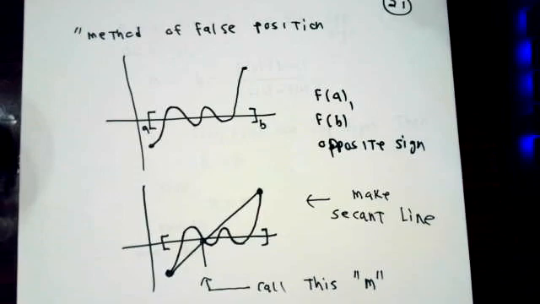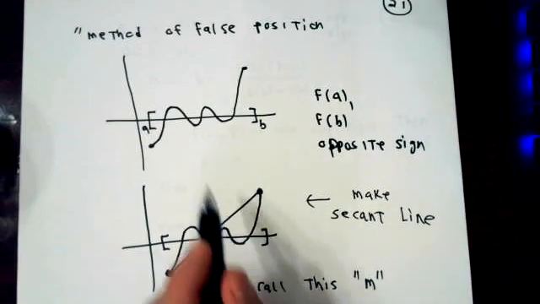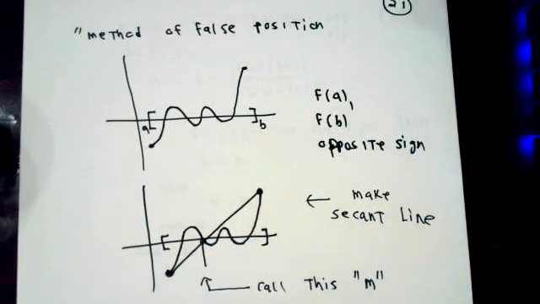If by luck these secant lines kept landing right in the middle of the interval, this would be bisection. It's bisection with an enhancement. We're using secant lines to determine the M instead of just finding the middle.